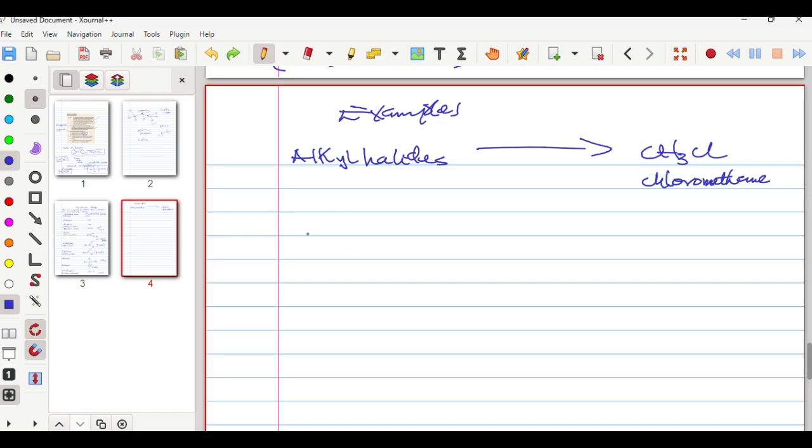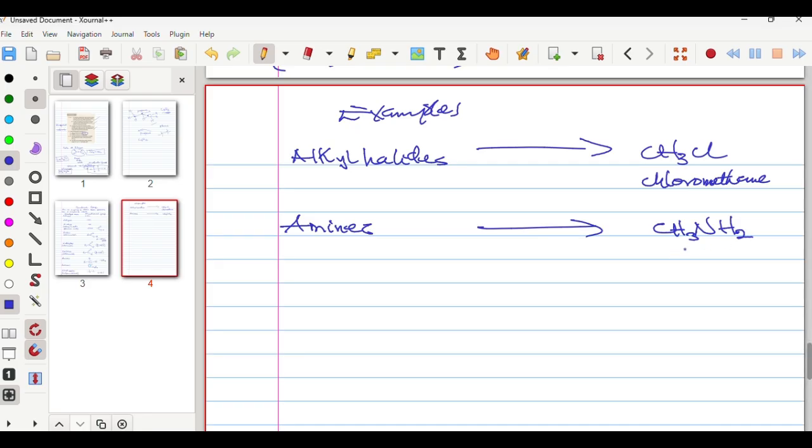Okay, let's go to amine. Amine is the functional group where something is bonded with nitrogen, and nitrogen is bonded with 2 hydrogen atoms. So an example of amine is CH3 again, and then we have nitrogen and the remaining 2 hydrogen atoms.